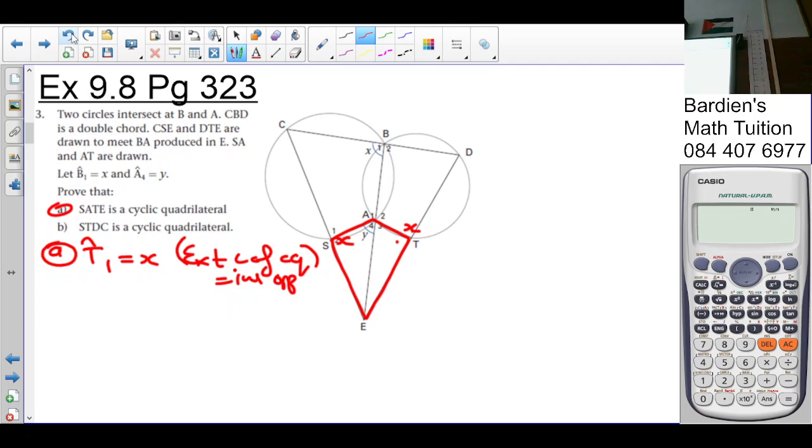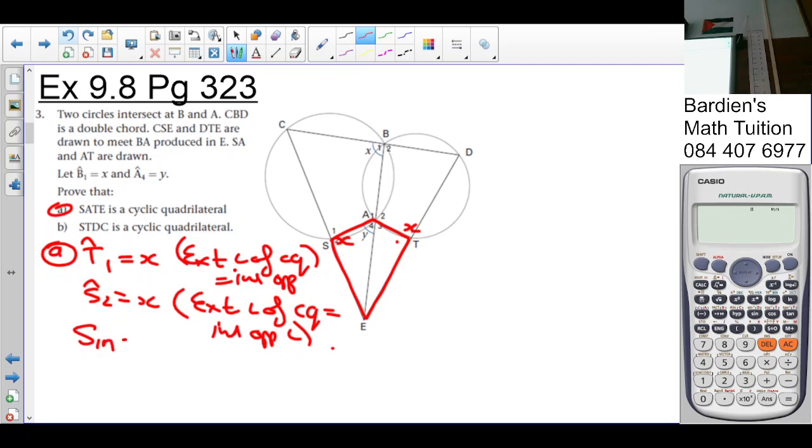I'm saying for CBA, B1, just say B1. Exterior angle equals the same. Nice. So we say that S2 is also equal to X. Exterior angle of cyclic quad equals the interior opposite angle. Not so? Now what?